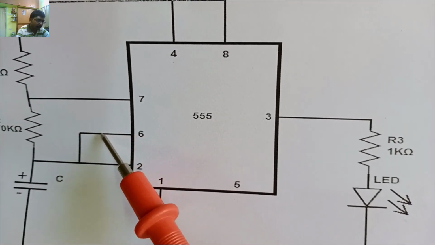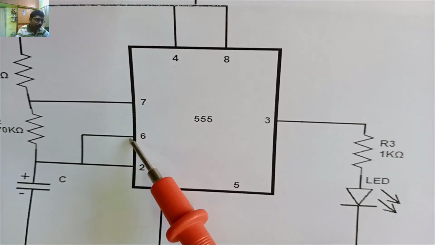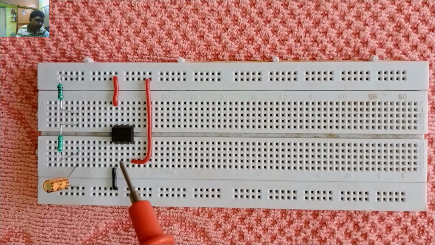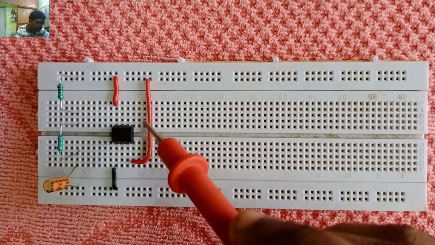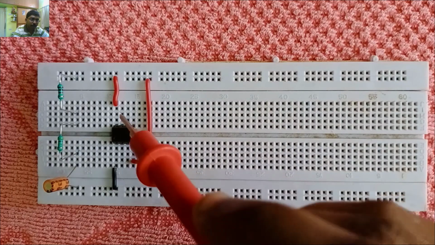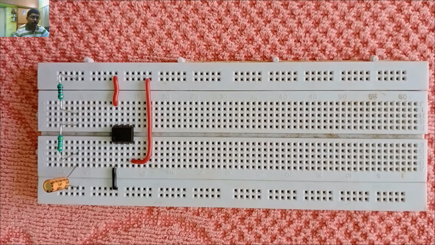Now we are going to short circuit the second and sixth pin. This is the second pin and this is the sixth pin. We are going to short circuit the second and sixth.